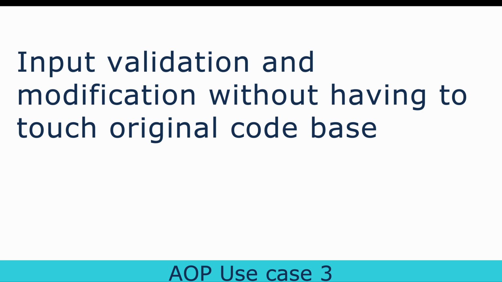You want to intercept the transferring of money from one account to the other without touching that code base. And you want to validate the input to make sure that the input is not SQL injection or malicious values, stuff like that.